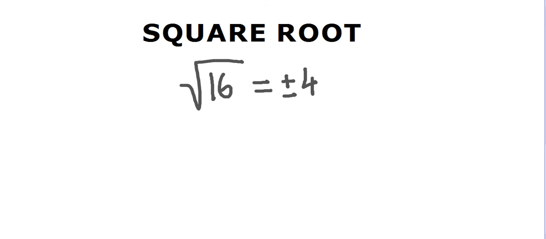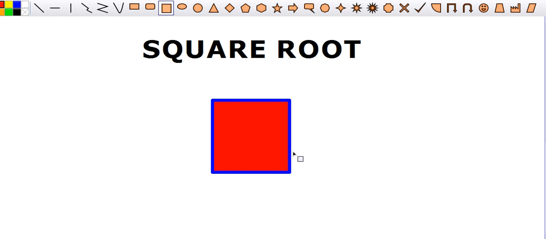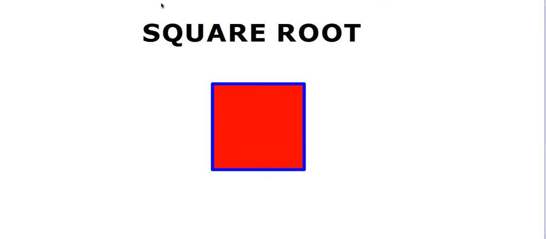Now let me show another way to think about the square root. I will clear this and draw a picture of a square. Let's say this is a square and someone tells you the area of this square, the red part inside, equals 36 inches squared.